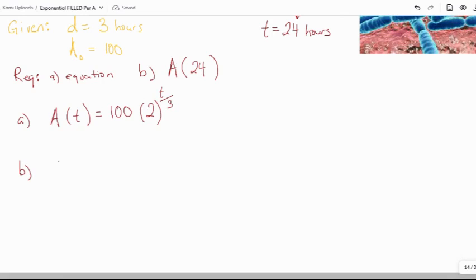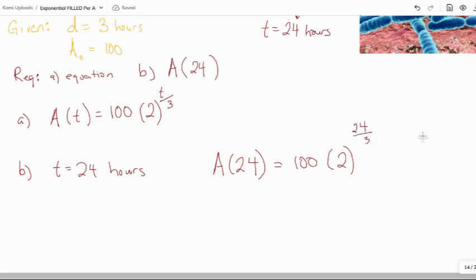So in this case, T equals 24 hours. And so I want to find out what is A at 24, the amount at 24 hours. So we write out the equation, and we're writing 2 to the power of 24 over 3.